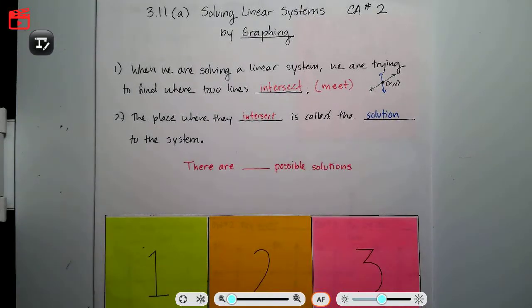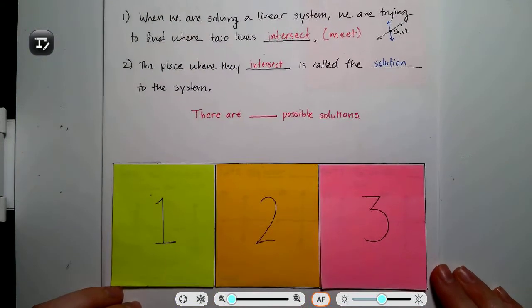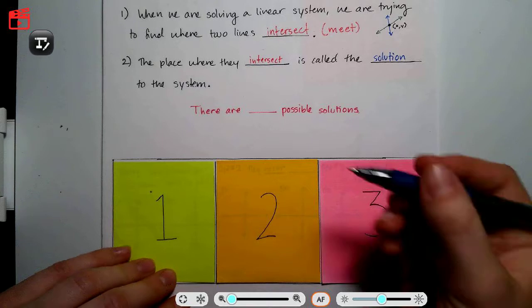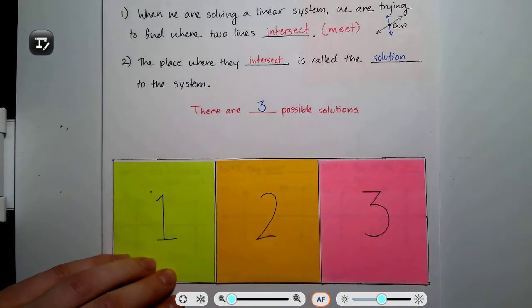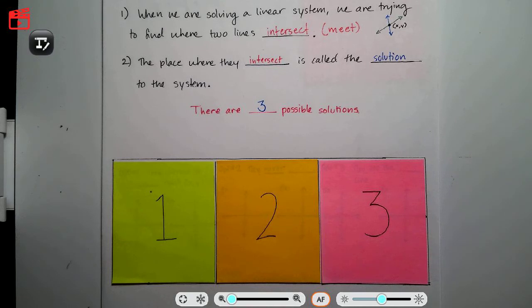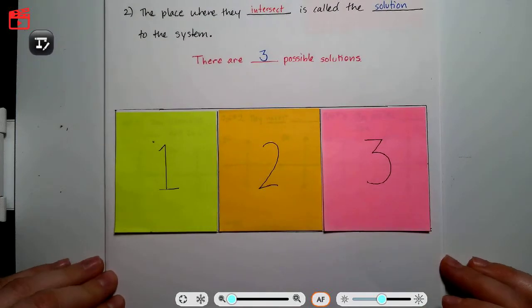Okay. So when we're graphing lines, there are three possible solutions that we can come across. Each of these solutions has a slightly different way that you present your answer. So we're going to take a look at the different solutions for graphing. Remember, this is the graphing.